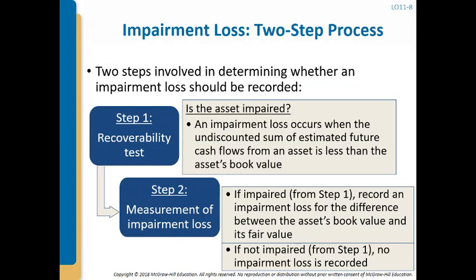Now, many times, what you have to do to figure out the fair value of an asset is figure out the discounted sum of estimated future cash flows in that step 2.